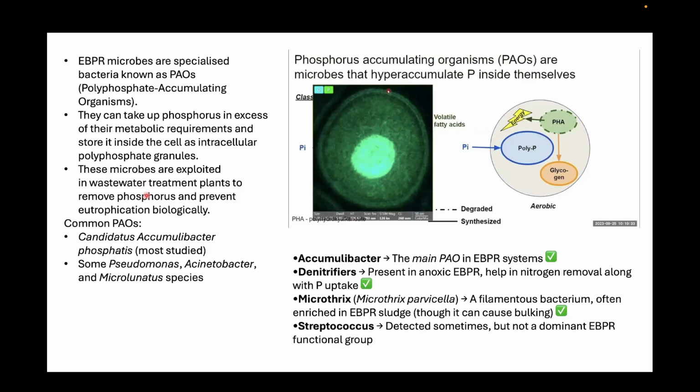The polyphosphate accumulating organism can accumulate phosphates inside their P bodies or phosphate granules, thereby decreasing the nutrient load on the water body. Common PAOs are Candidatus Accumulibacter phosphatis; some Pseudomonas, Acinetobacter and Microlunatus species also are PAOs.